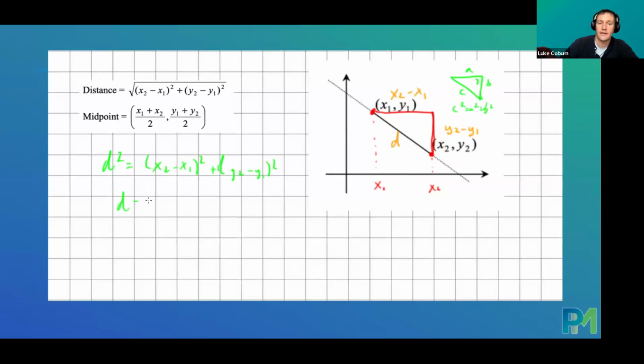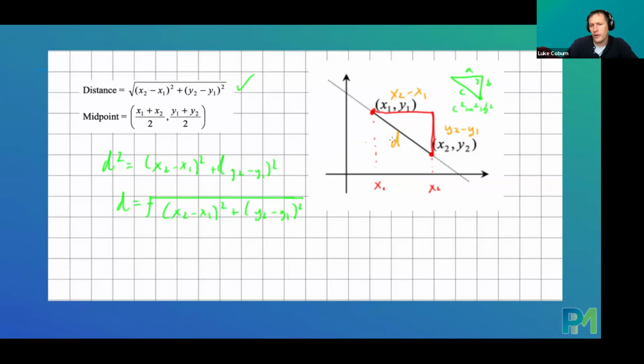So D is equal to the square root of (x2 minus x1) all squared plus (y2 minus y1) all squared. That's the distance formula. It's just Pythagoras theorem given to us a different way.